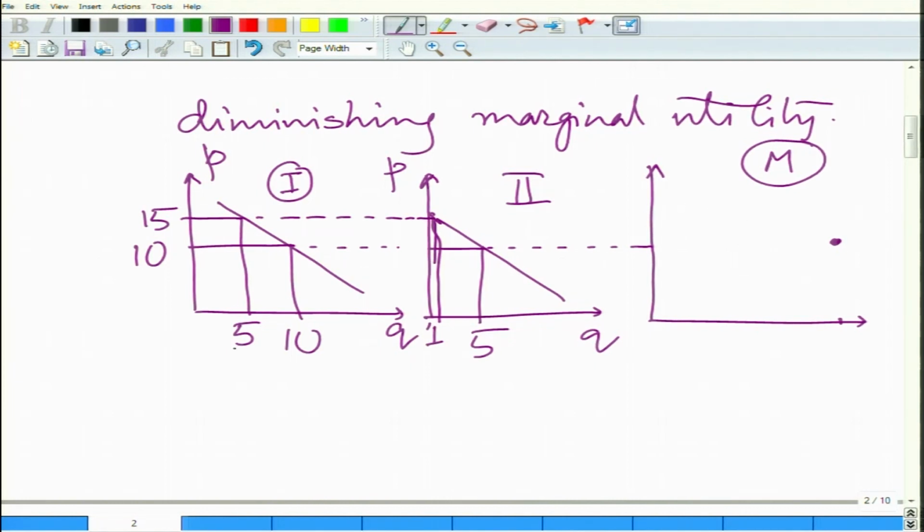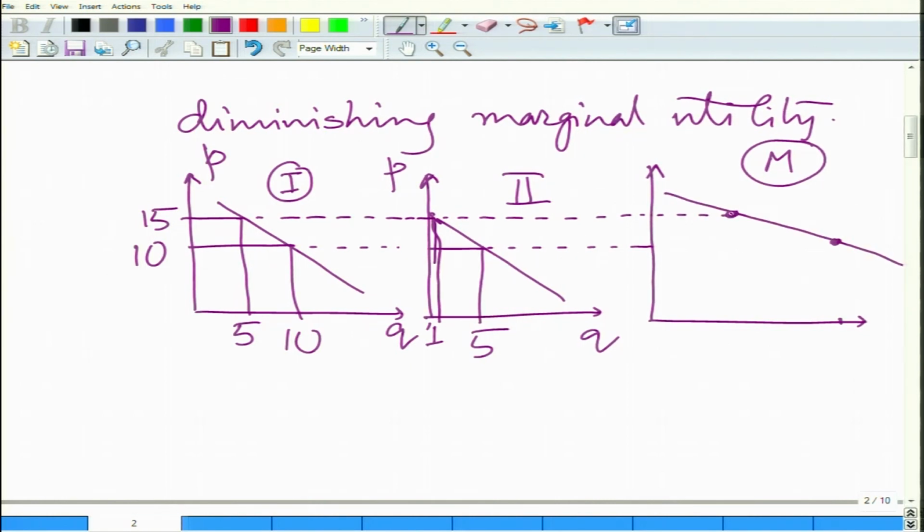Therefore, when I am drawing my market demand curve, for price 15 rupees, the demand will be at a point somewhere here at 6, and I can join them.